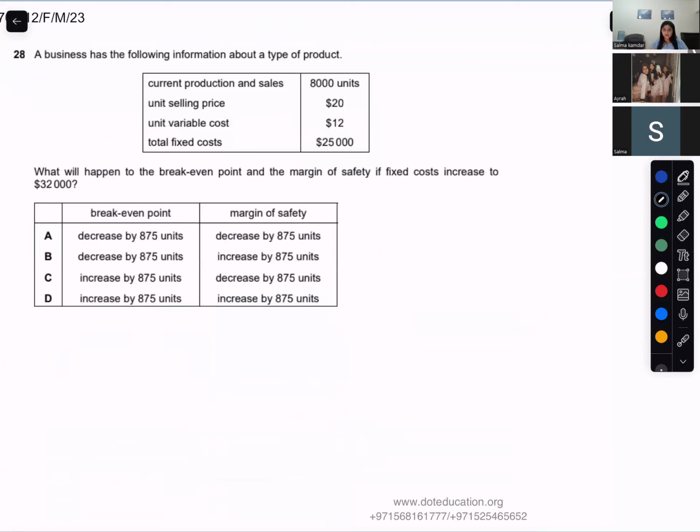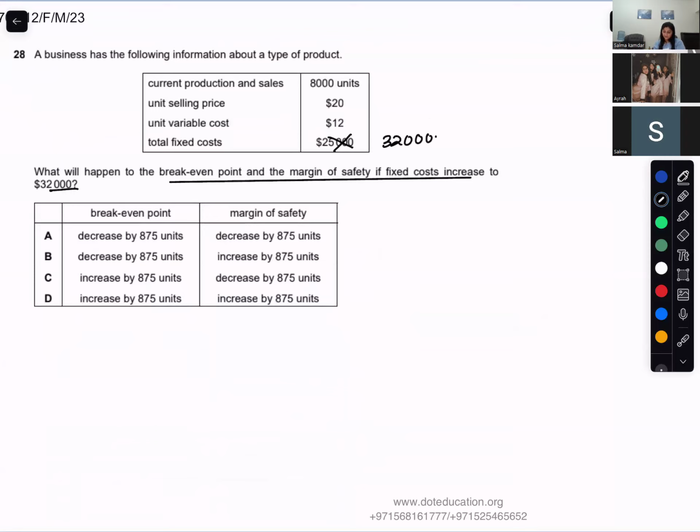Come on, read the next question. A business has the following information about a type of product. What will happen to the break-even point and the margin of safety if fixed cost increases to 32,000? So fixed cost is increasing to how much? 32,000.